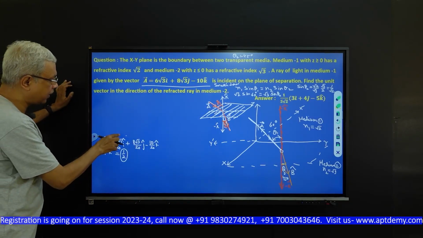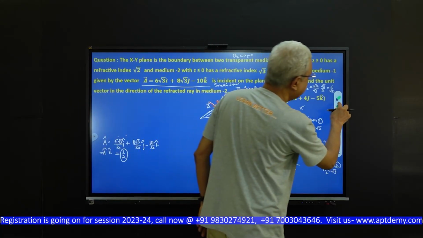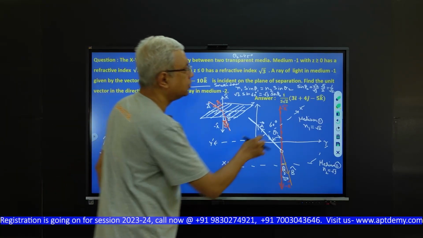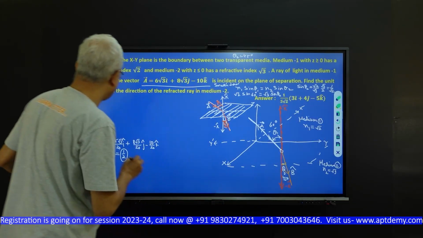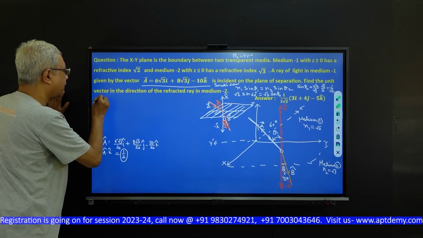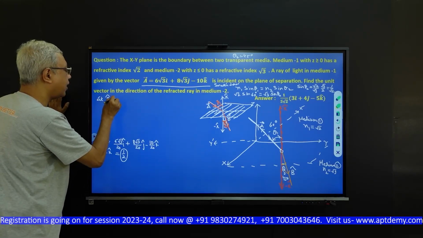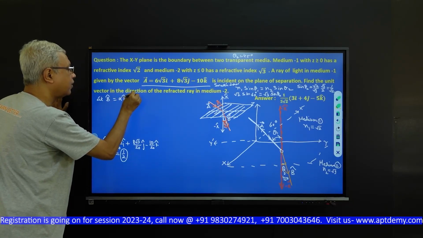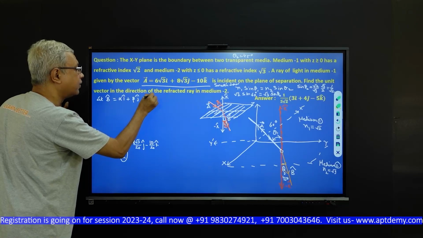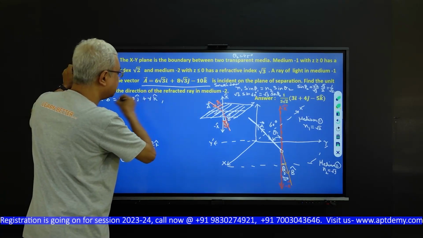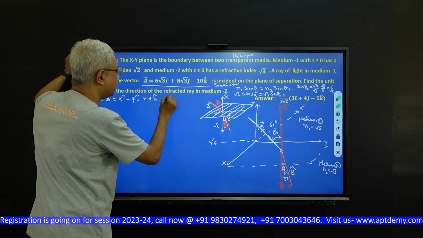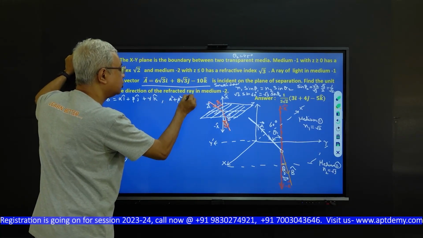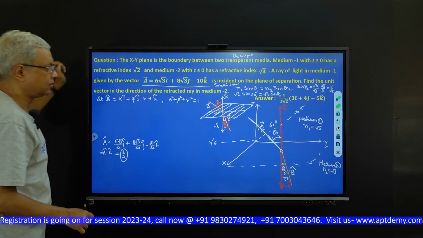Now let the unit vector along the refracted ray be b cap. Let b cap be alpha i cap plus beta j cap plus gamma k cap, where, since b cap is a unit vector, alpha square plus beta square plus gamma square should be equal to 1 square, which is 1.